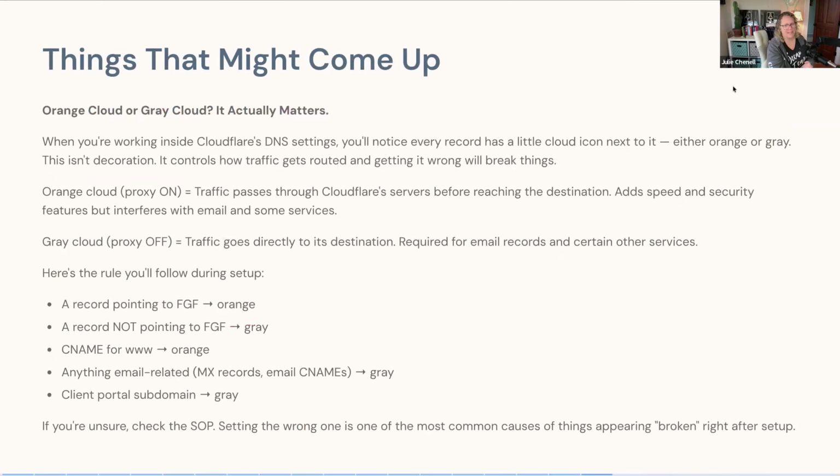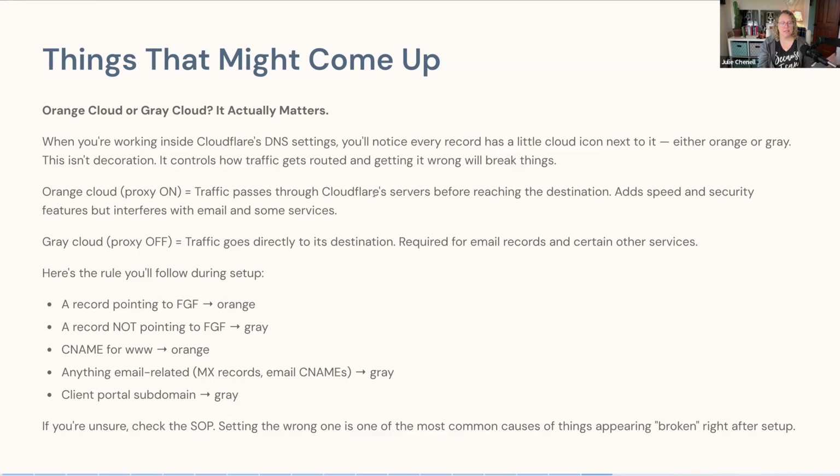Now, things that might come up. This is extremely technical, so you can pop off this video because everything that I've told you so far is the overview. But if you are doing it yourself, or if we're doing it, these are some things that come up. Inside of Cloudflare, you'll notice that the records have little cloud icons next to it, orange or gray. And it's basically asking, do we turn the proxy on, or do we turn it off?